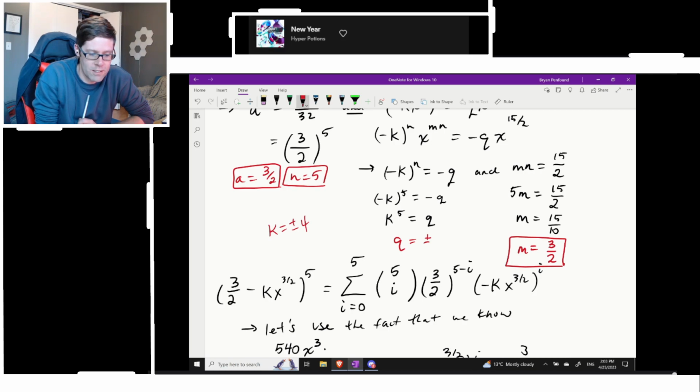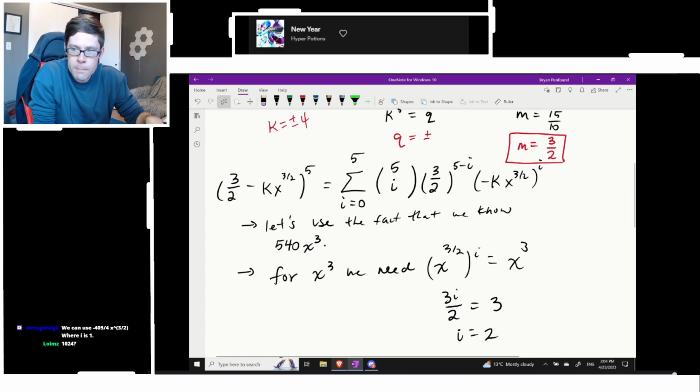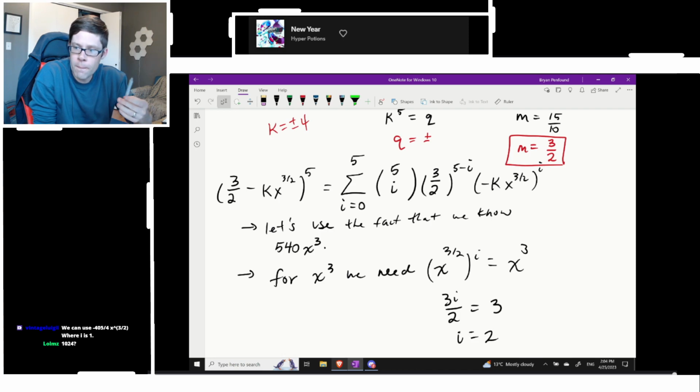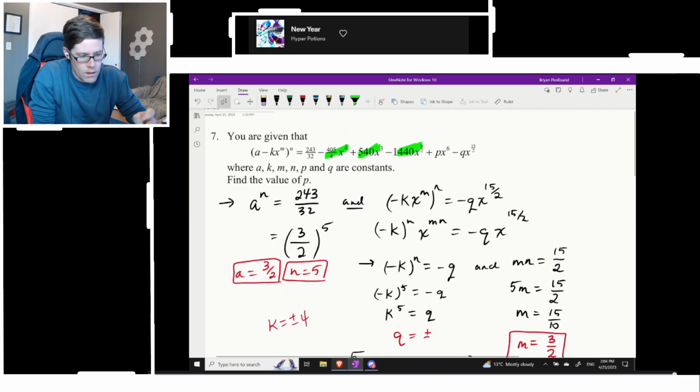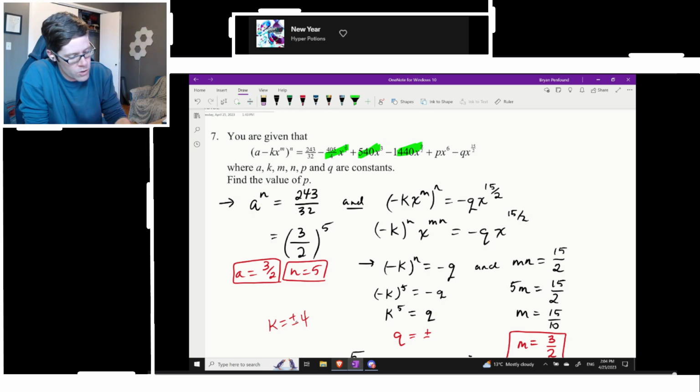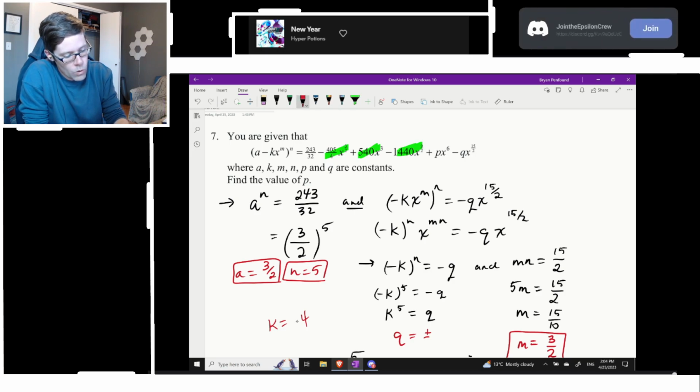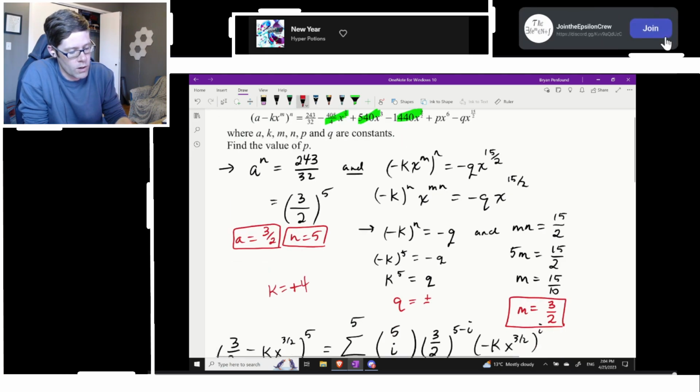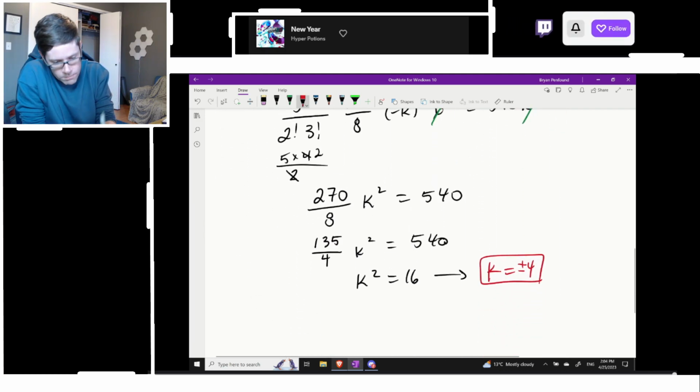It can't be negative 4. Negative 4 or 5 over 4 x to the... Oh, okay, okay. Yeah, I see. So since you have alternating signs, we're forced to pick k is equal to positive 4. I got you. Yeah, okay, that's great.